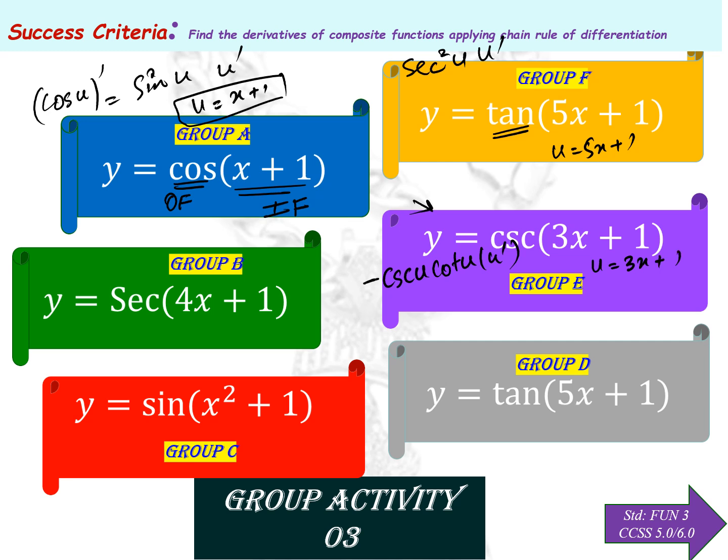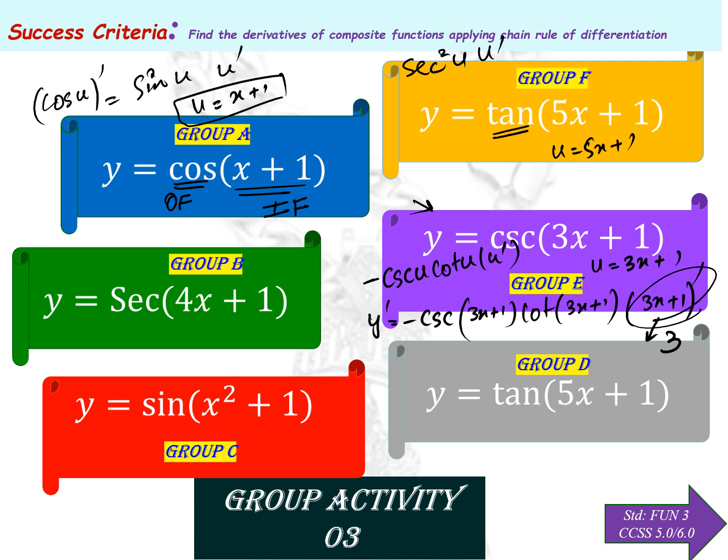Replace all the u with 3x plus 1. In that case you will get negative cosecant 3x plus 1, cotangent 3x plus 1 and then 3x plus 1 with prime. And we know that the derivative of 3x plus 1 is 3. Just arrange that and that would be your answer.